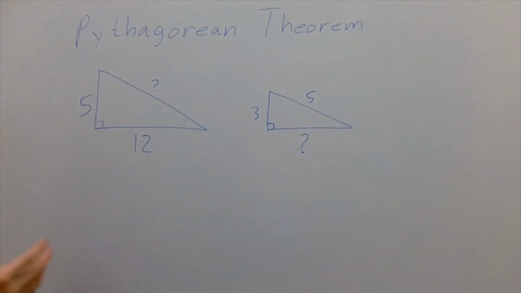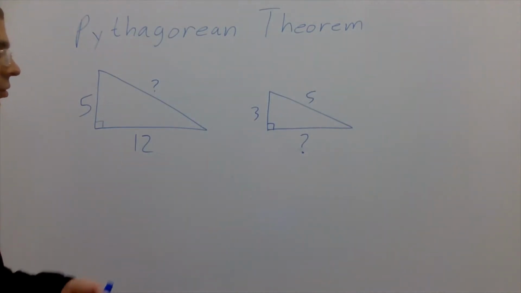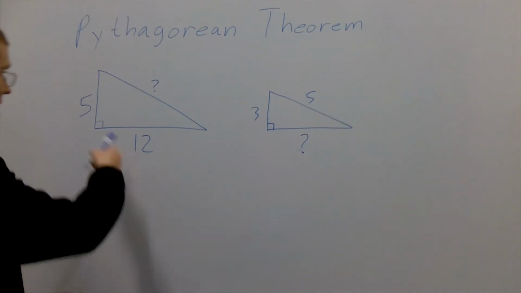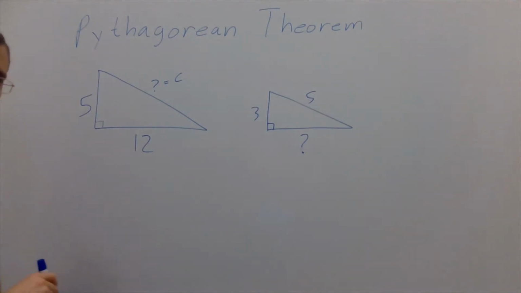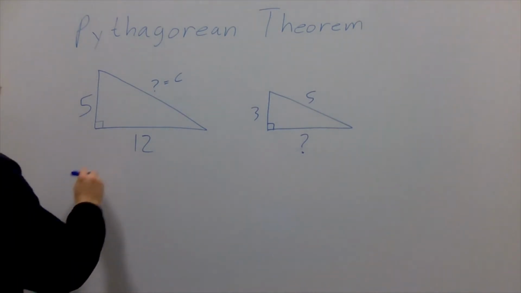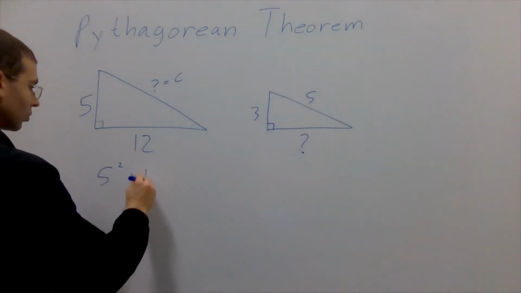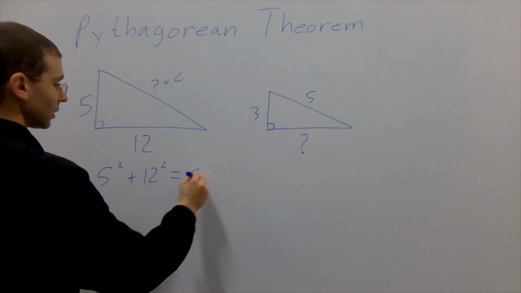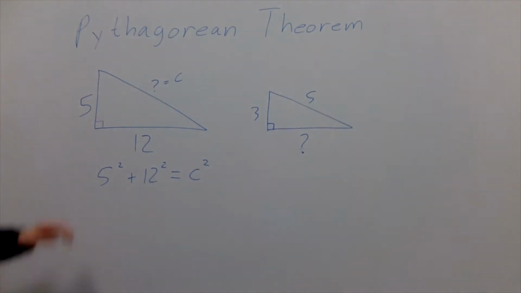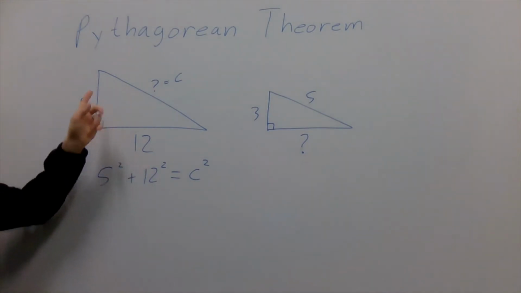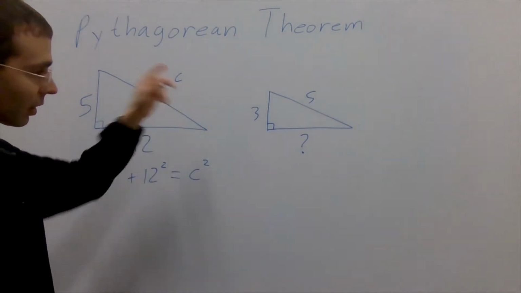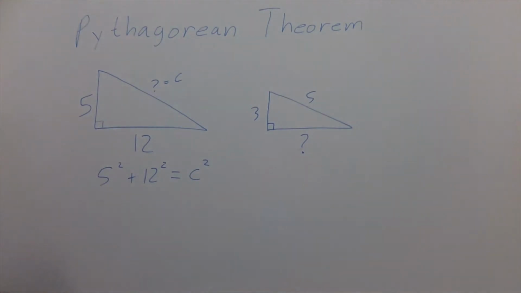So then, making use of the Pythagorean Theorem, we can find an unknown side of a right triangle. I'm going to name this so that I have a letter to work with. All right, that's 5 squared plus 12 squared equals C squared. Again, the length of one leg squared plus the length of another leg squared equals the square of the hypotenuse.